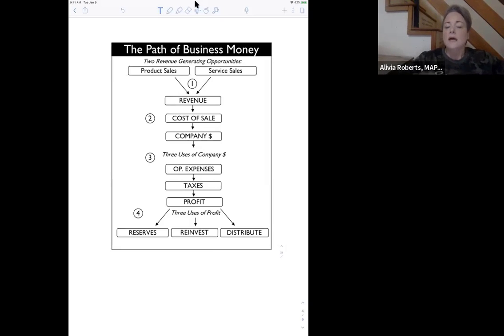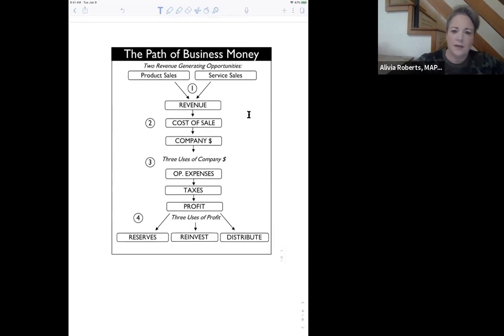Okay. The path of money that we're going to look at today is fairly simple, right? I'm not introducing you to any new information, just more awareness. So when we look at the path of business money, we have product sales and service sales. Product sales: a cereal box off of the shelf, that's a product.